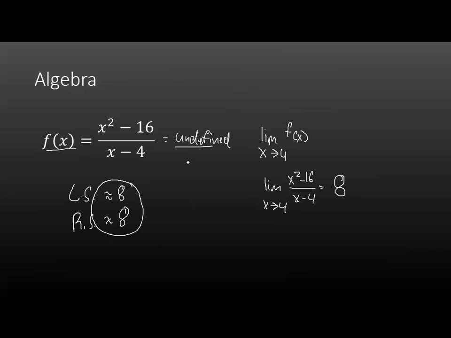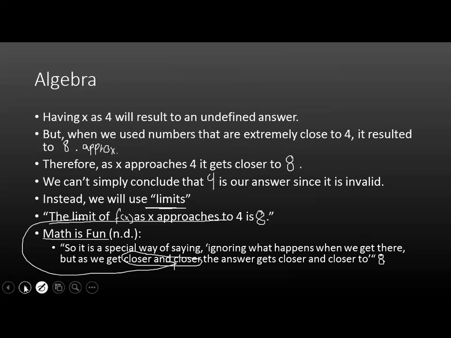But as we get the x values closer to 4, like 3.99999, and here, 4.000001, that's what I care about. As we let our x values get closer to 4, the value that is approaching is approximately 8. So that is limits.